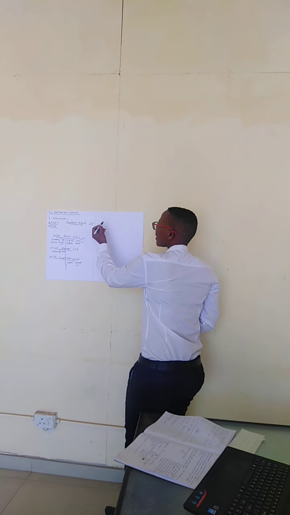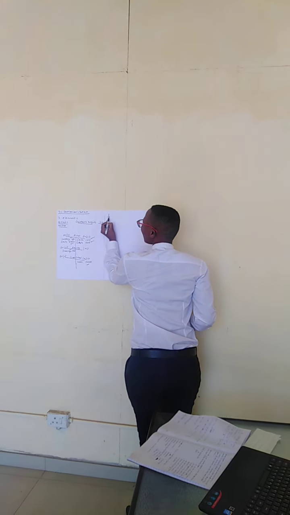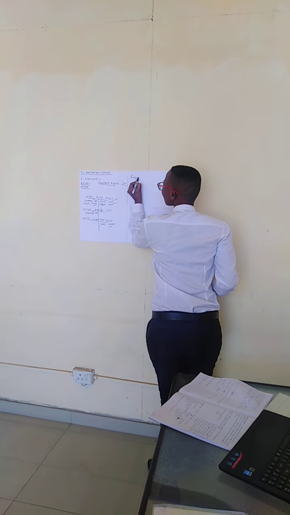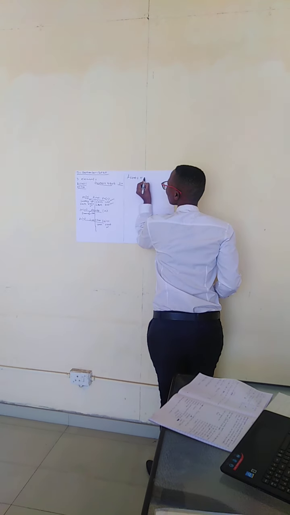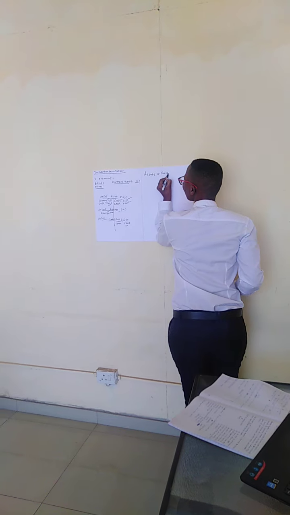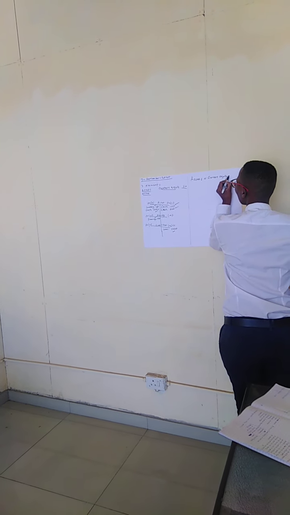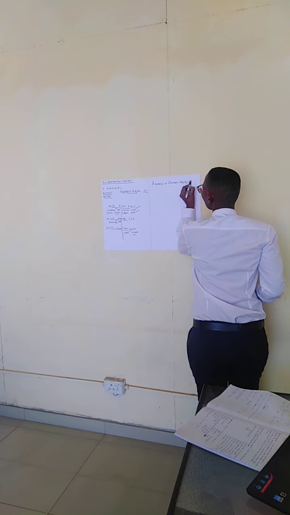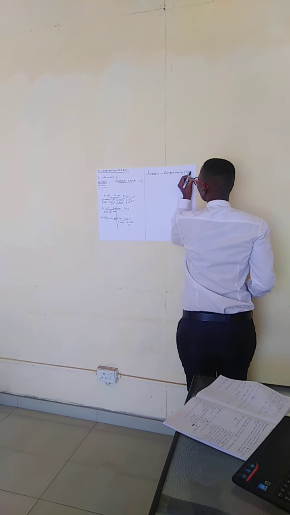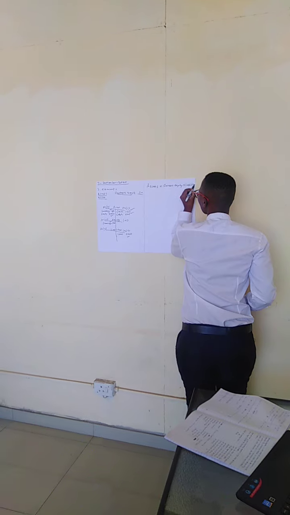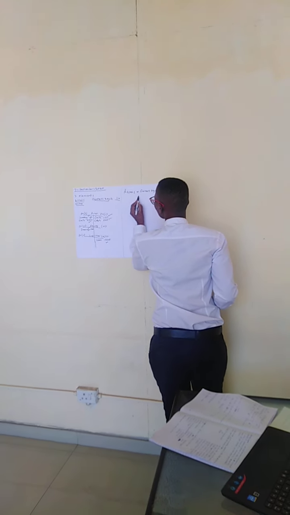We can just say, as we said earlier, assets equal to owner's equity plus liabilities. Okay.